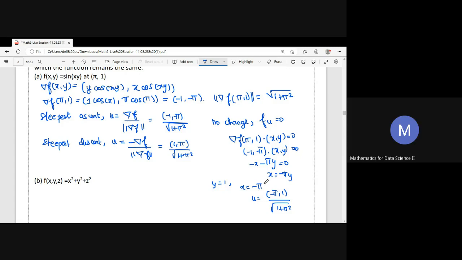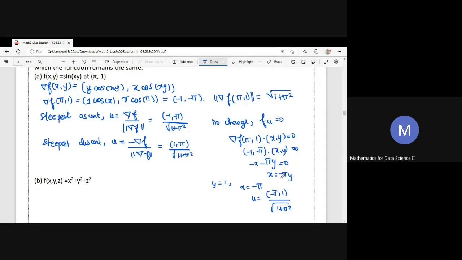Here x comma y denotes a unit vector, right? See, x comma y does not denote a unit vector. If you want a unit vector, then you have to divide it by square root of x squared plus y squared. So first we are finding the orthogonal vector to this, and then we are normalizing it. Directly x comma y is not the unit vector.